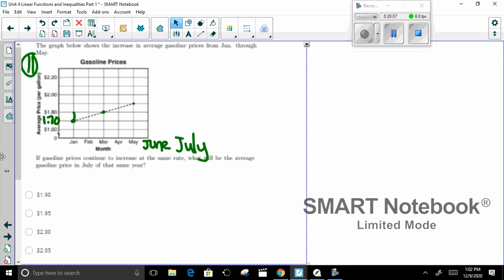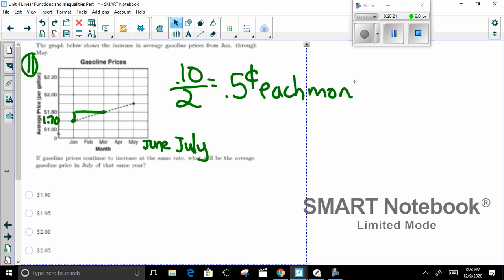So I'm going up 10 cents, and I'm going right 2 months. So each month, it's going up 5 cents. Let's make sure that is true for the next one. So it goes up 10 cents over 2 months.